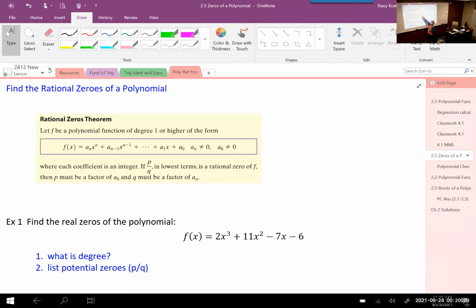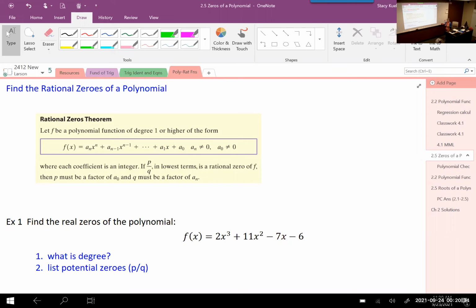Now this box right here basically says there's this rational zero theorem that says if I take the ratio of my p term, I'll tell you what that means in a minute, divided by q, that ratio tells me what my possible solutions will be.